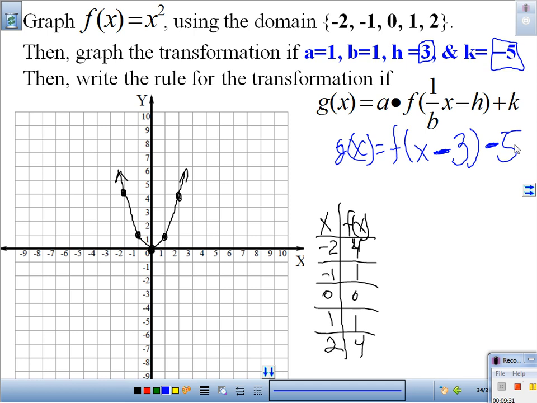Question. Is this rule compressing or stretching? Tell your neighbor why not, please. Let's see. Cindy. Compressing or stretching? Why or why not? What did your neighbor say?